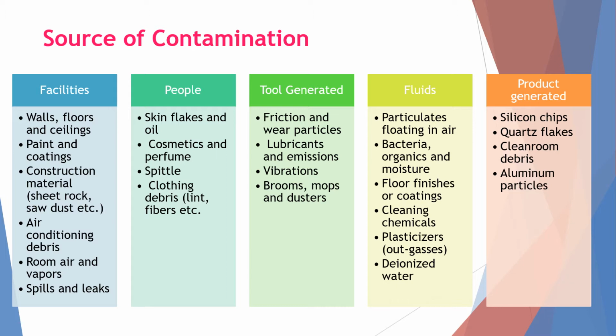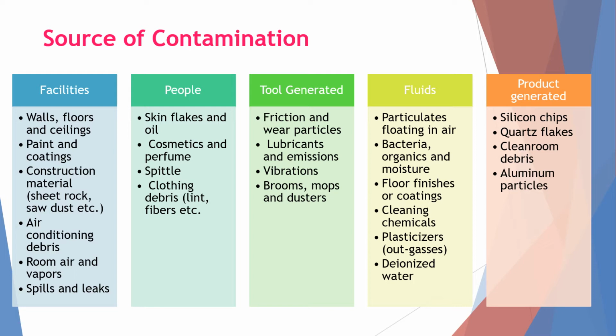But sometimes there are still minor things that can cause contamination, for example vibrations or something related to the product we are producing itself, because it might involve some machining. The debris from that product is also a contaminant, but it falls under the product generated class.